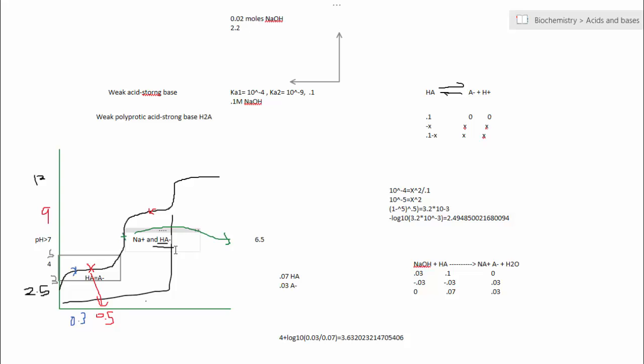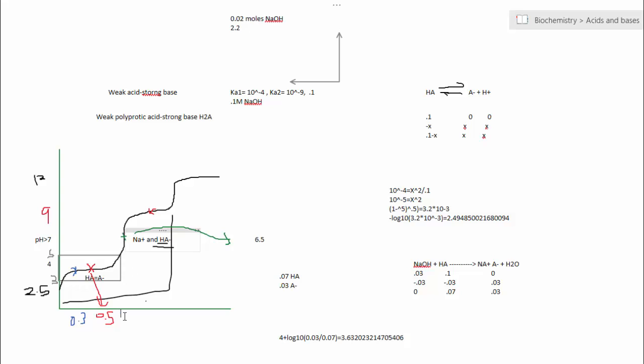This HA minus is called an amphiprotic substance that can act as an acid or as a base. So in this case, it acts as an acid more than a base, and so yes, it is possible. It is not a must for the pH at the first equivalence point to be greater than 7, unlike the one we discussed just previously.